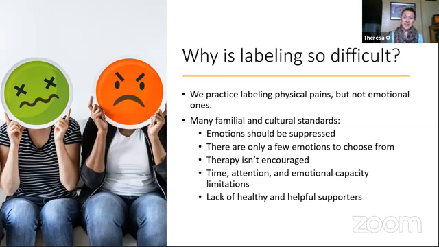Another big thing is it takes time and attention and emotional capacity to do all of this stuff. That's kind of why that 20-minute timer can be helpful within that second exercise, because if you're putting a lot of your emotional energy into creating this list, this journal that's going through this emotional experience, it can be pretty taxing. And if you have a lot of other stuff going on, that certainly can take a fair amount of emotional work.